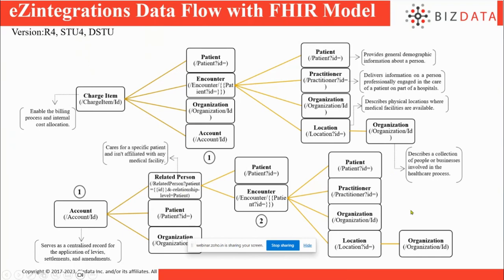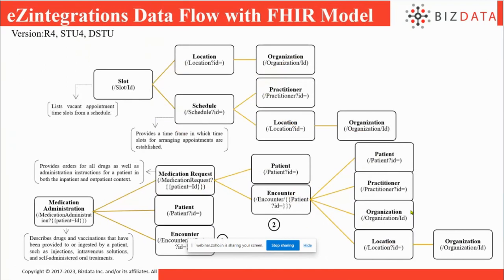So these are the standard R4, STU4, and US Core FHIR model data flows available with the eZintegration platform. Now, this is just one example. If you want to build your own data flow based on an API endpoint, that is also possible with this platform.